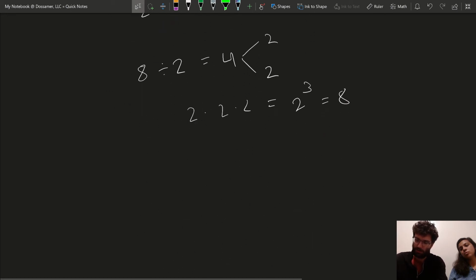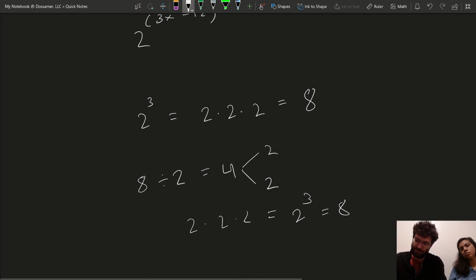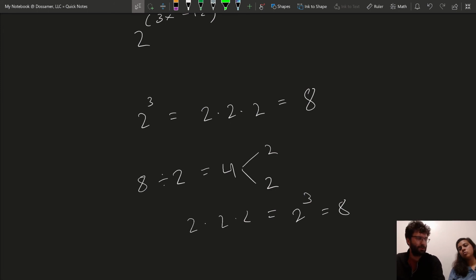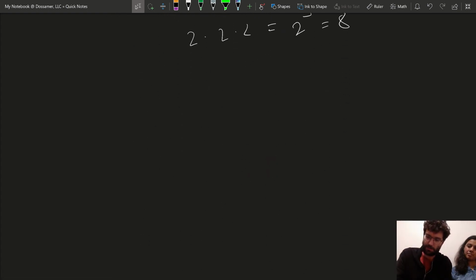Even if you didn't know that, if you just divided 8 by 2, kind of naively, and got 4, you might notice that 4 is 2 and 2. And on your own, you could work out that 2 times 2 times 2, 2 cubed, is 8.